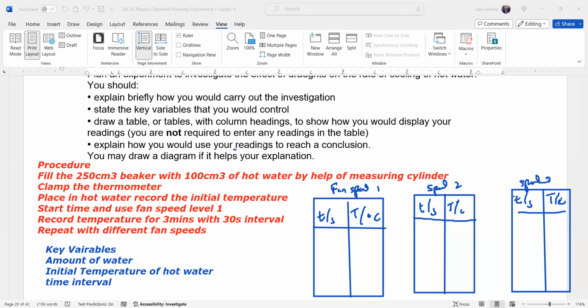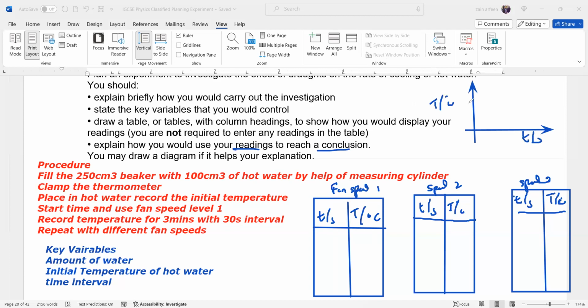How would you use your readings to reach a conclusion? So first, we can plot a graph between the temperature and the time. And the steeper the graph, the faster the rate of cooling. You don't have to sketch a graph, you just mention that you would sketch a graph between temperature and time.